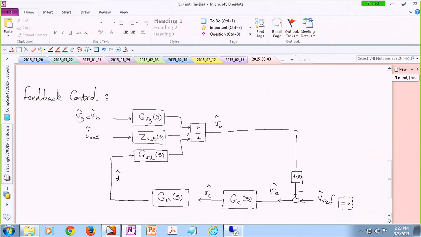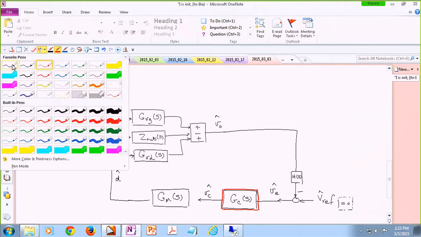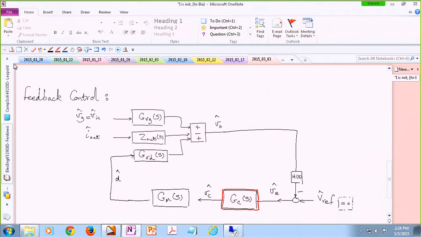All right. So from a control perspective, this is what we are doing. Our objective is to find a proper transfer function for G sub C, which is the compensation network. So in the end, we would like to see what would be a good transfer function over here to help us achieve our goals in terms of regulating the output voltage against the changes in the input voltage or against the changes in the load current.